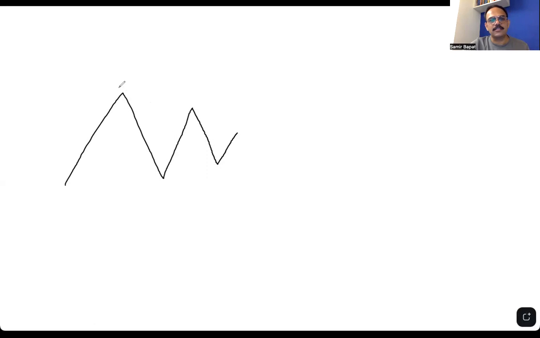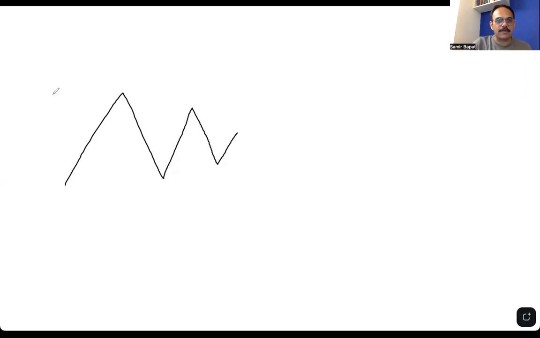So this high is lower than this high, this low is higher than this low. So higher lows, lower highs, when you see the price is getting compressed.